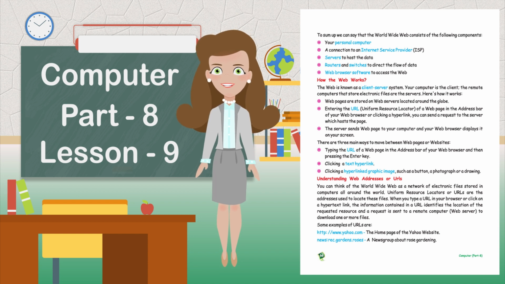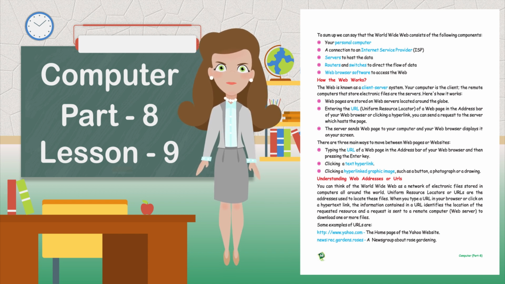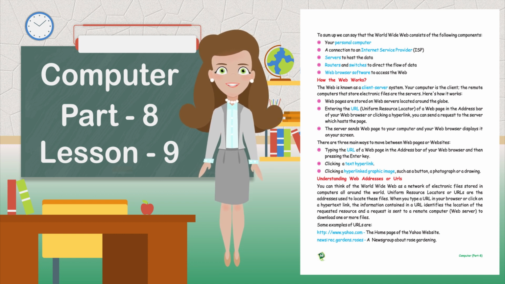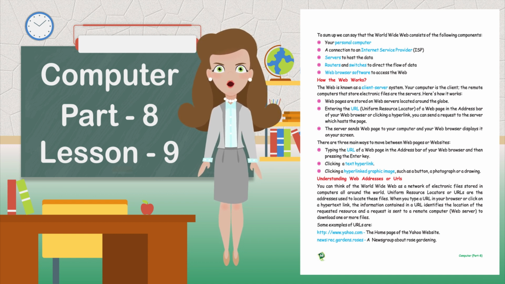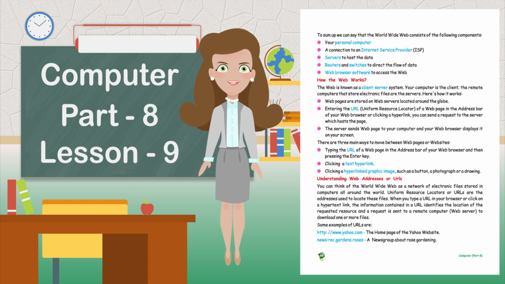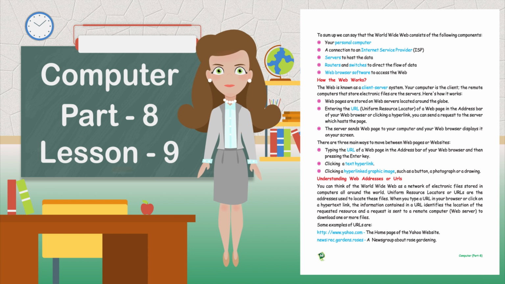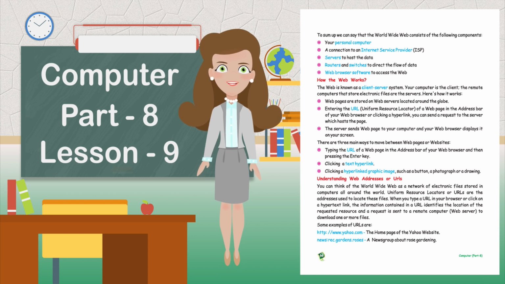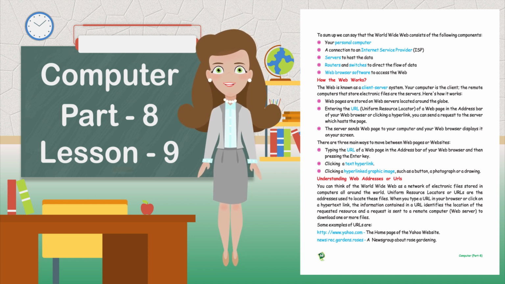Some examples of URLs are http://www.yahoo.com, the home page of the Yahoo website, and news://rec.gardens.roses, a news group about rose gardening.